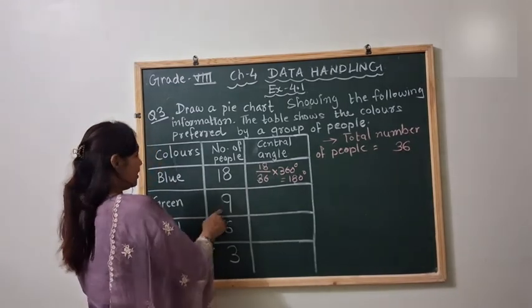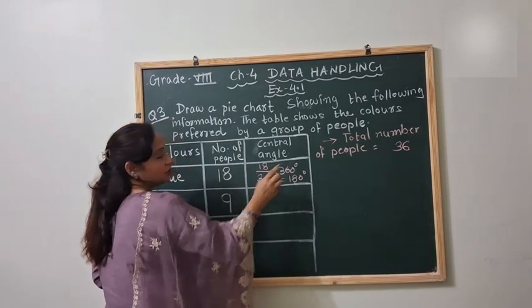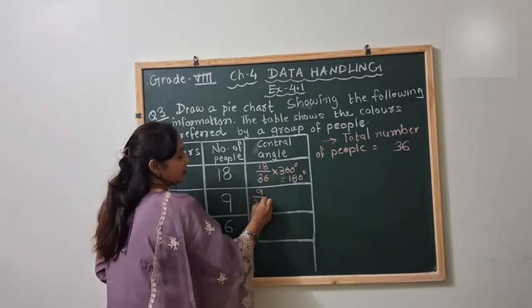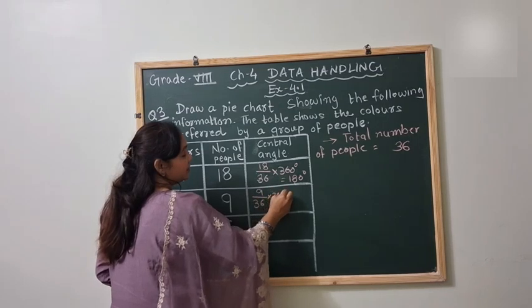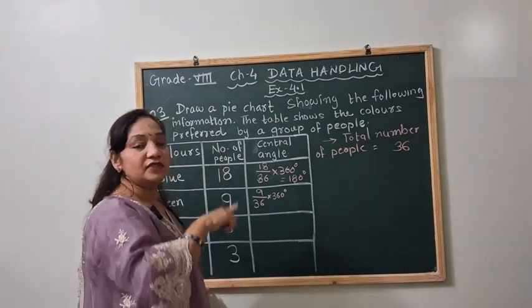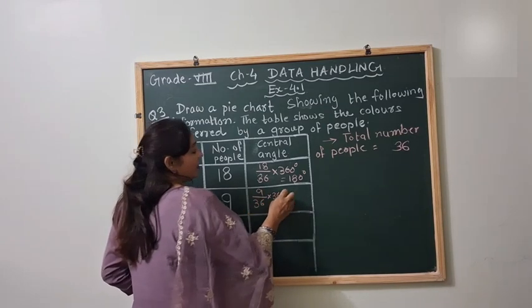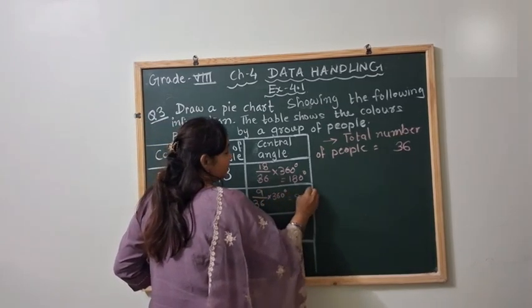Okay, in the same way, the number of people who liked green, 9, divided by the total number of people, 36, multiplied by 360 degrees. You know why we are taking 360 degrees? Because one circle always forms 360 degrees. So 360 divided by 36 is 10, and 10 nines are 90 degrees.